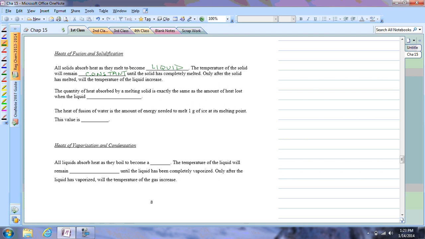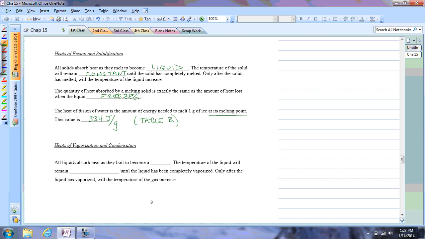The quantity of heat absorbed by melting solid is exactly the same as the amount of heat lost when the liquid freezes. The heat of fusion of water is the amount of energy needed to melt 1 gram of ice at its melting point. This value is 334 joules per gram. It's found in table B.